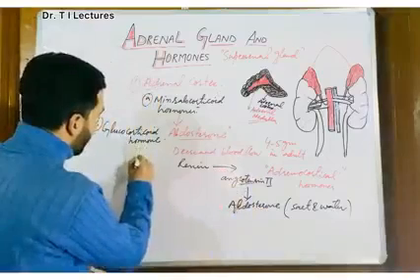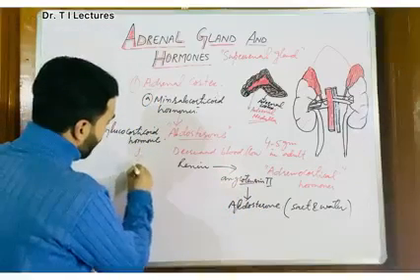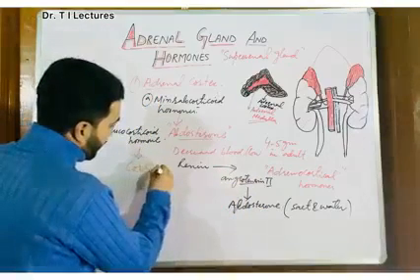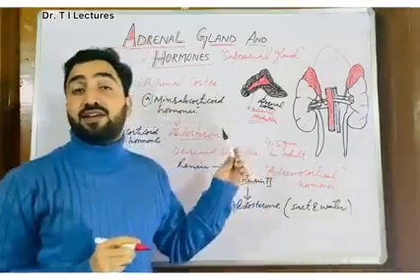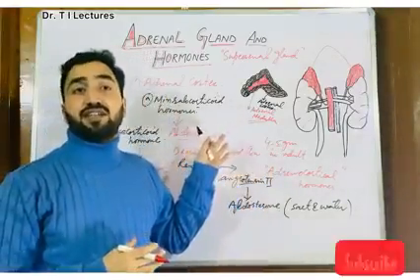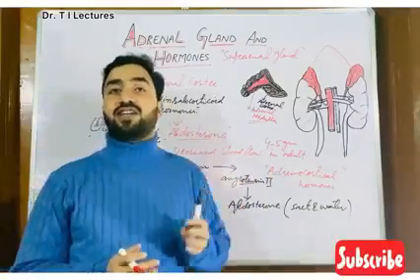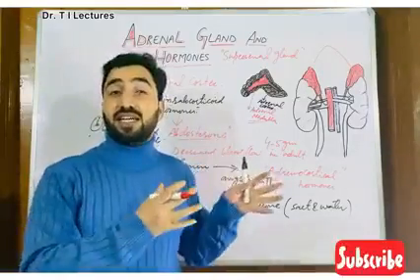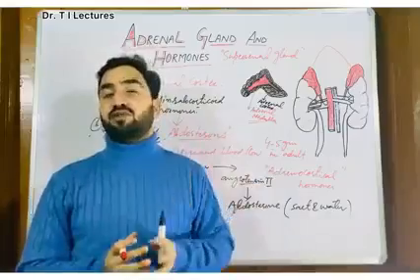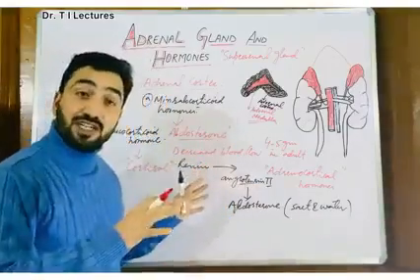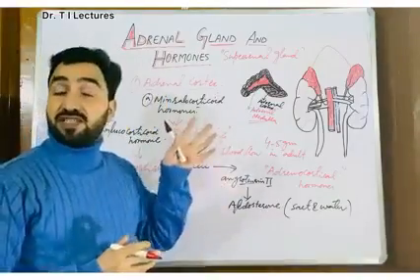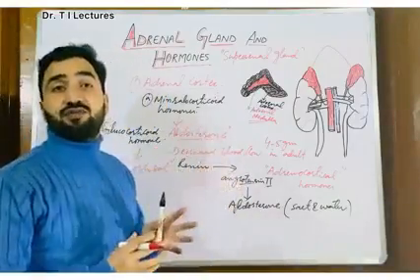And the secretion of cortisol is mainly controlled by three intercommunicating regions of the body. You got my point? The cortisol release depends on the three intercommunicating regions of the body.